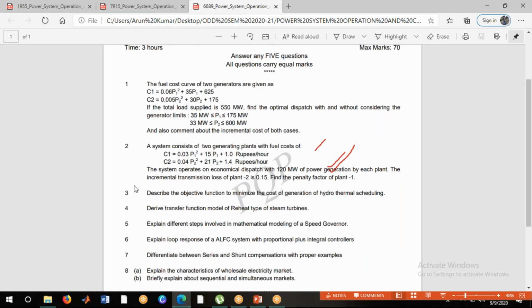Here, describe the hydrothermal scheduling. Derive the transfer function model of reheat type of steam turbine. So here we have to derive that turbine model. So one is speed governing until turbine model we have to derive. So what they ask, derive the transfer function model of a reheat type of steam turbine. Okay now. So until a turbine, there is no need to derive the generator model here.